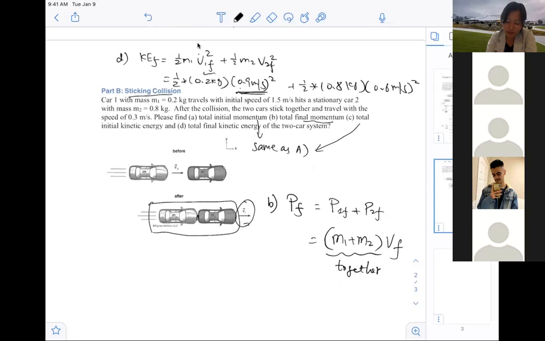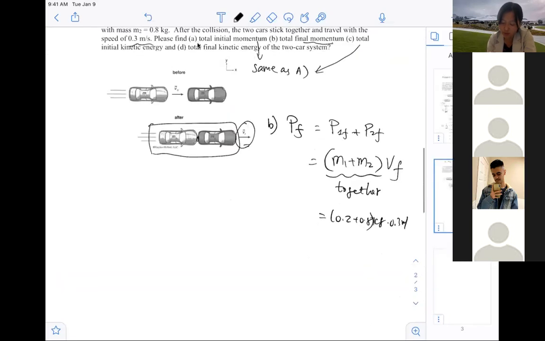V final is given. It tells me this much kilograms times 0.3 meters per second. So you can see that gives me how much? Again, 0.3 kilogram meters per second, just like what I had for initial. Okay, so even though the collision type is different, one is bouncing back, one is sticking together, if you look at the total momentum of the two cars together, the overall momentum still remains constant. It does not change.